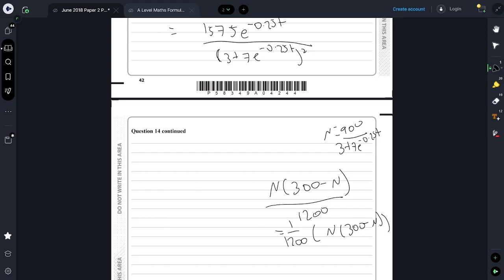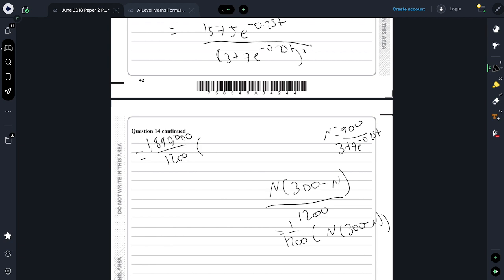So I think the next step is to actually factor out a 1 over 1200. We have a constant of 1575. So let's times that by 1200 and we get 1,890,000.